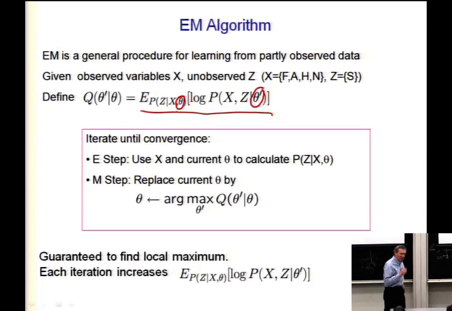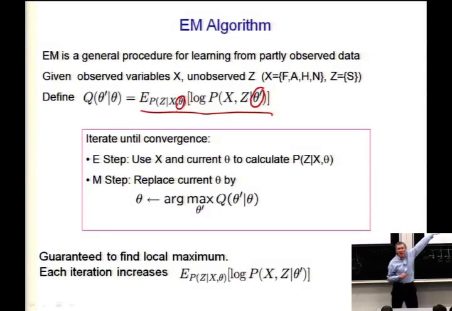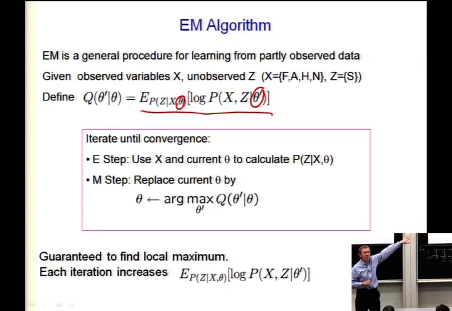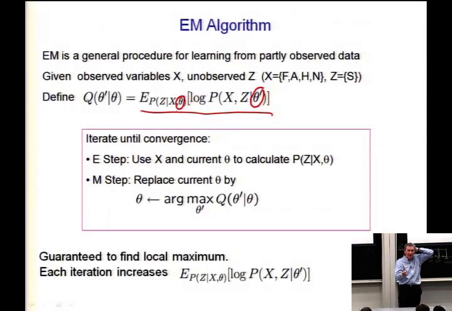We'll go through an example of that because it's a little bit of a brain twister when you say it that way. But it turns out to result in the following incredibly simple 2-line algorithm. We start with our guess of theta. In the E step, the expectation step, we calculate those expected values for every one of the training examples for every one of the unlabeled variables.